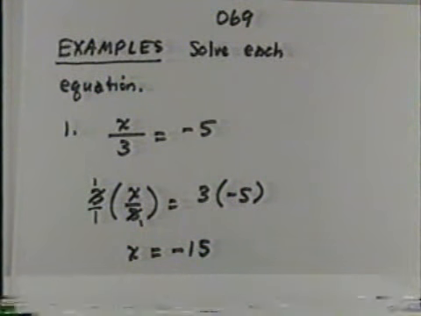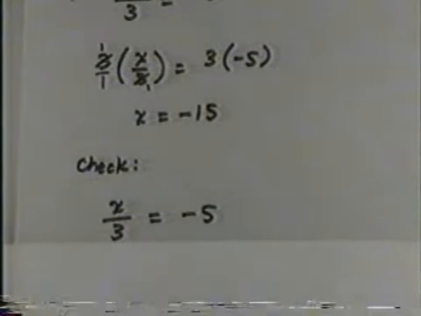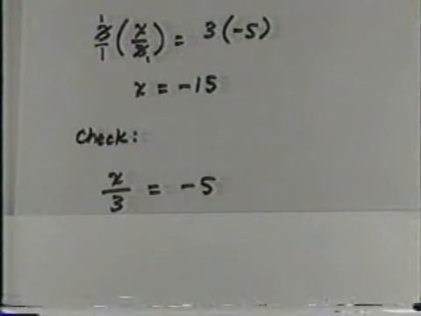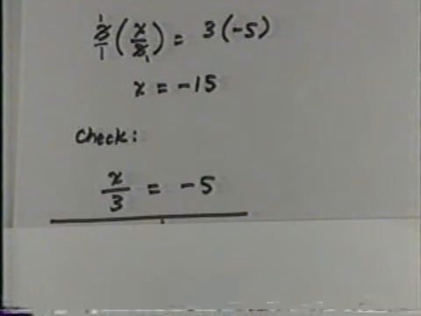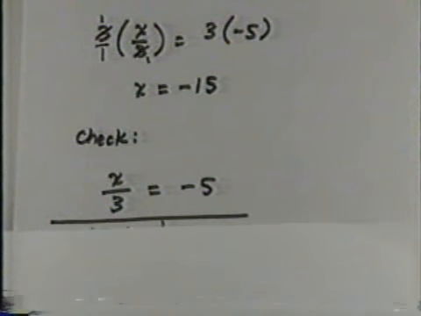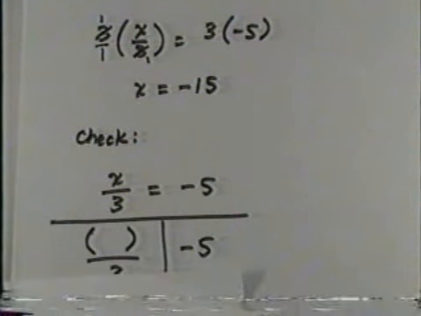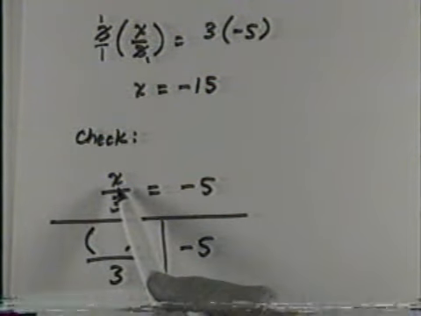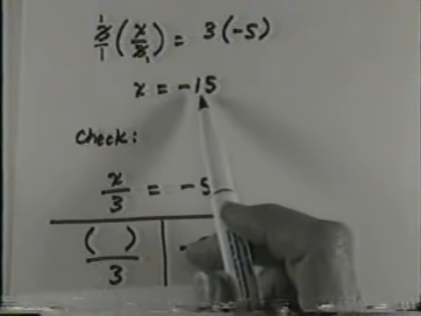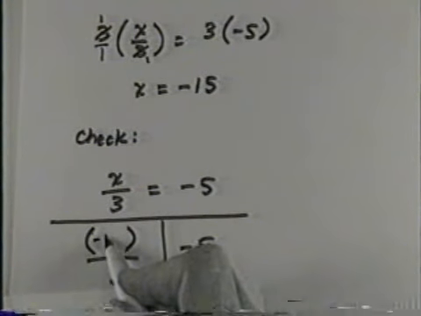So all that's left is to check it. For the check, our equation is x over 3 is equal to negative 5. We copy the equation, draw the horizontal line below it. On the right-hand side of this one, we're going to have negative 5. On the left-hand side, we have a set of parentheses for the x. The x is representing negative 15. So let's fill in negative 15.